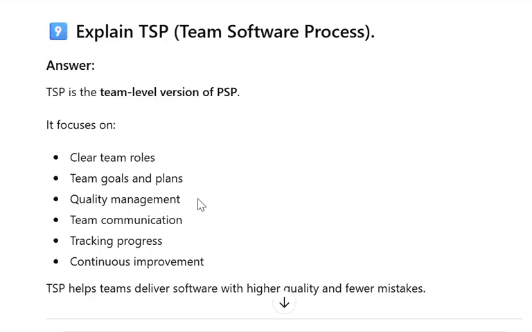If you are in a team, this TSP model gives guidelines that help you get better at team coordination, to have clear team goals and plans, quality management, team communication, tracking progress, and continuous improvement. TSP helps teams deliver software with higher quality and fewer mistakes.